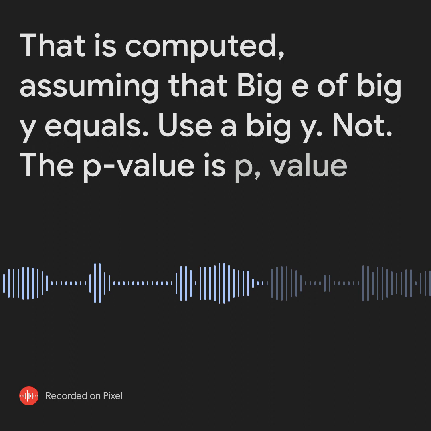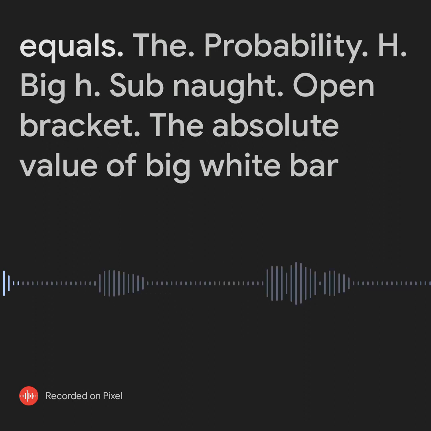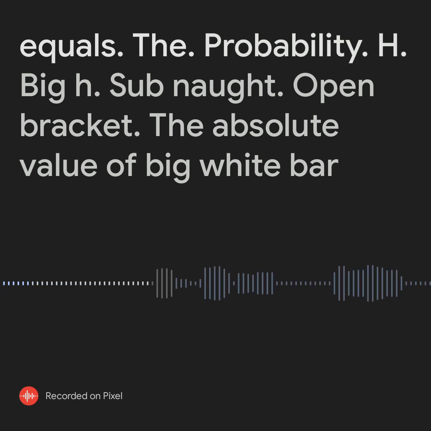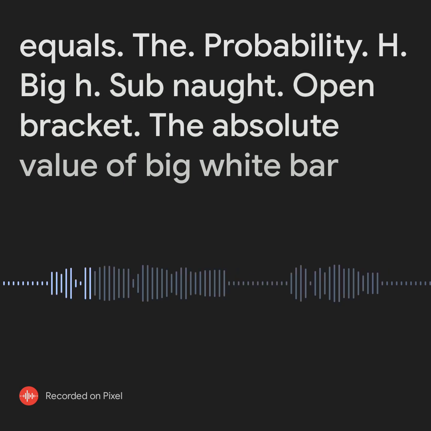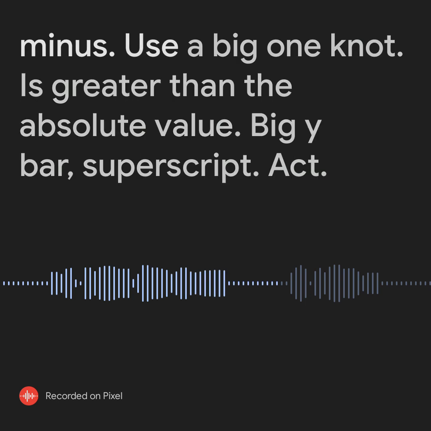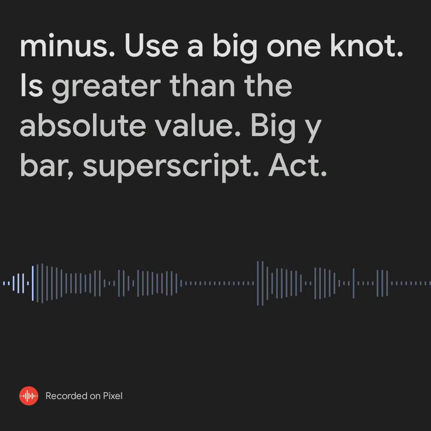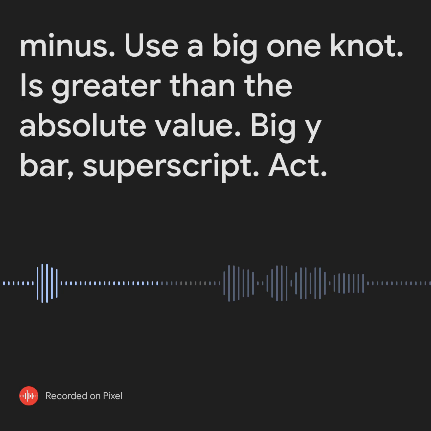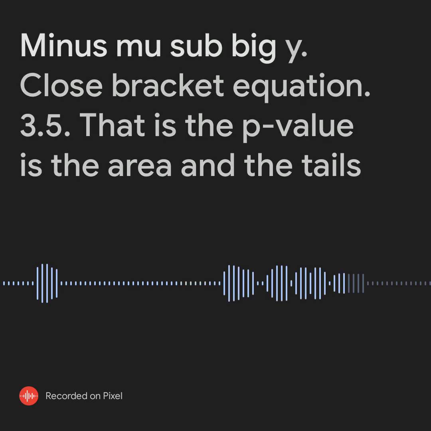The p-value equals the probability under H0 that the absolute value of Ȳ minus μ_Y,0 is greater than the absolute value of Ȳ^act minus μ_Y,0.